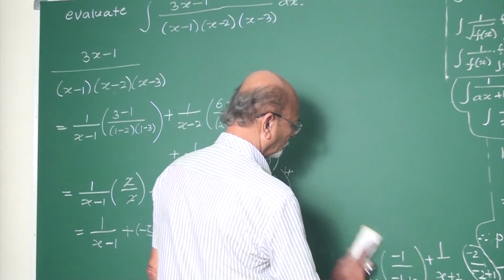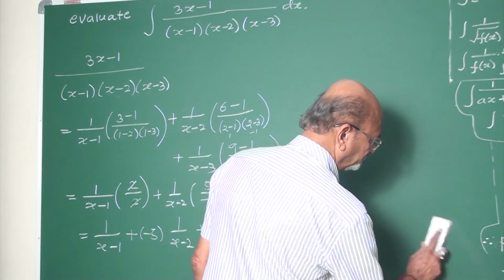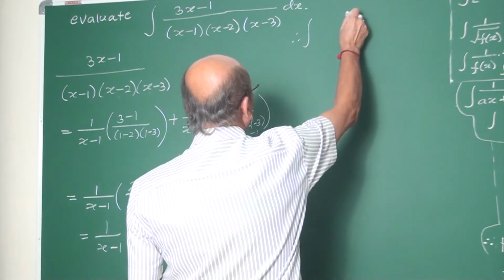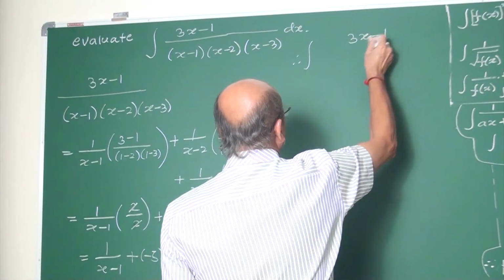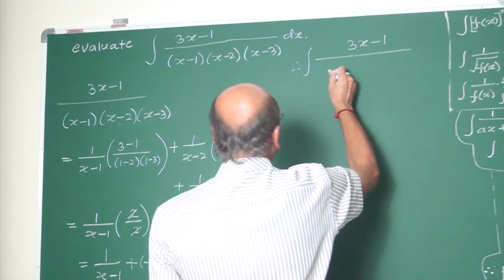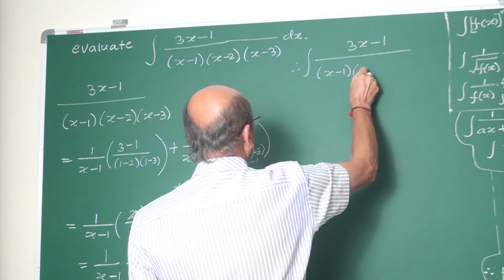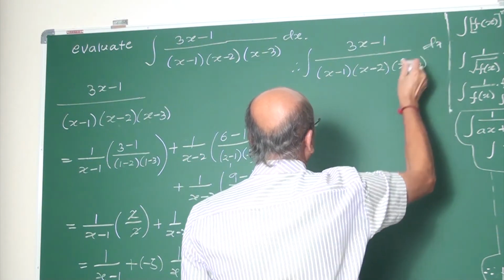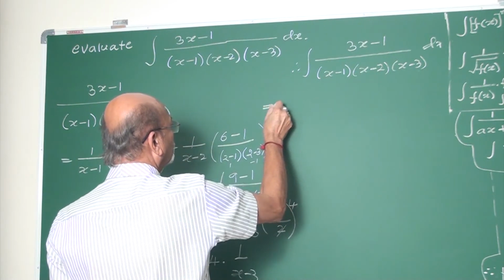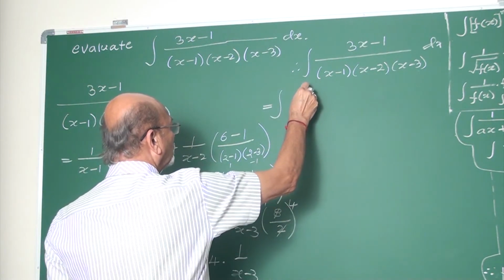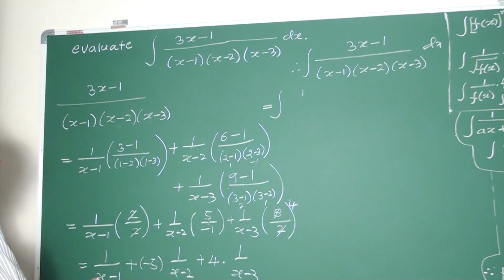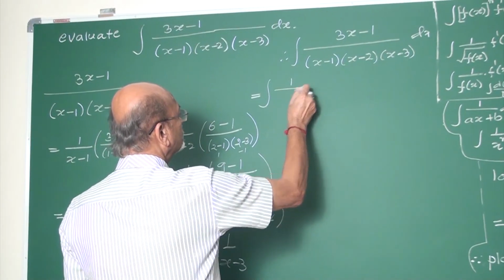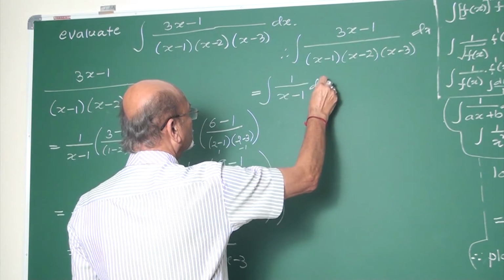Alright, friends. Therefore, the integral of 3x minus 1 upon x minus 1, x minus 2, x minus 3 dx equals, first, the integral of 1 upon x minus 1 dx.